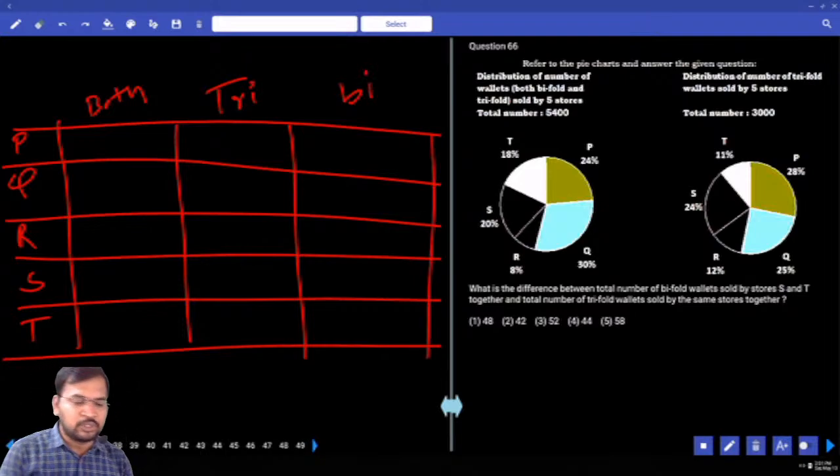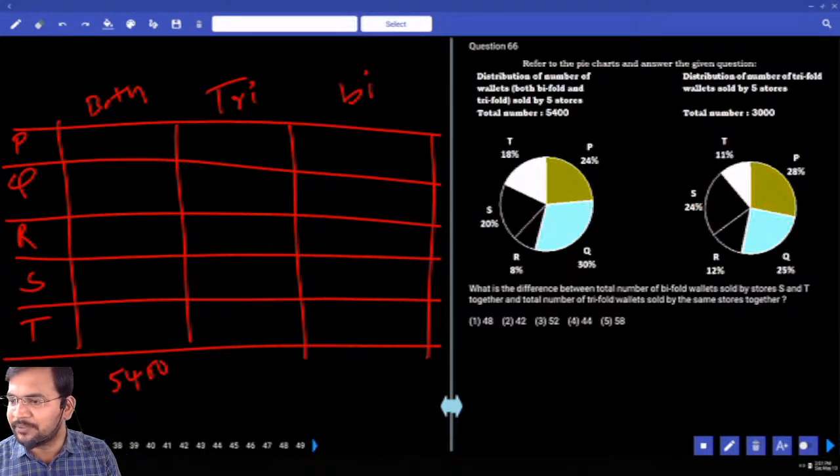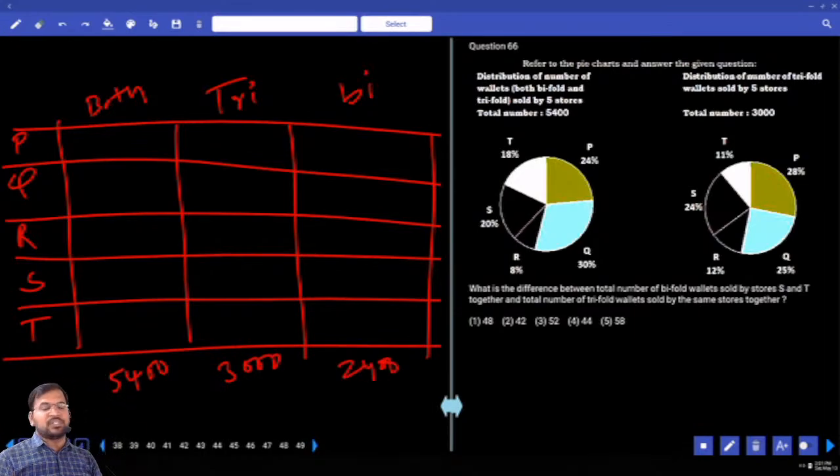Now both total, it is what? 5,400. Trifold total is 3,000. Then bifold total is 2,000. Now if you fill this table, questions are very easy for you.